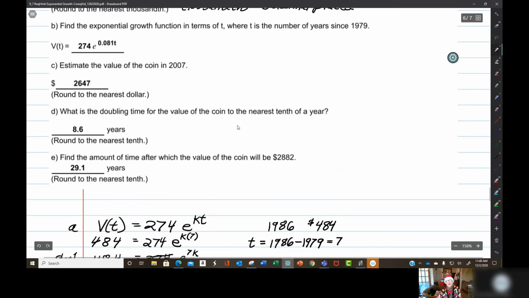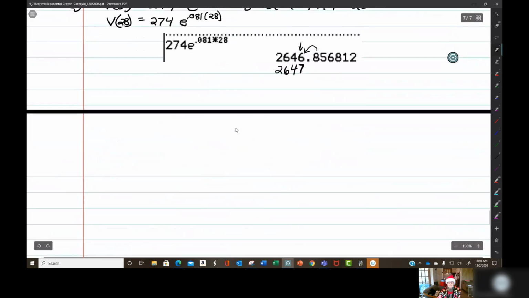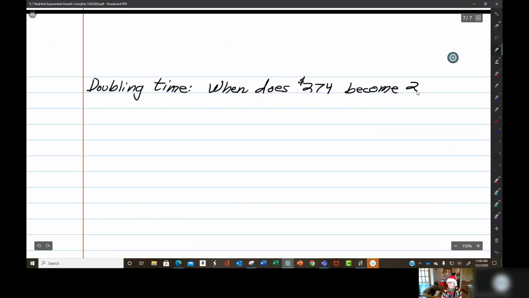What is the doubling time? Okay, doubling time. That is when does $274 become 2 times $274?